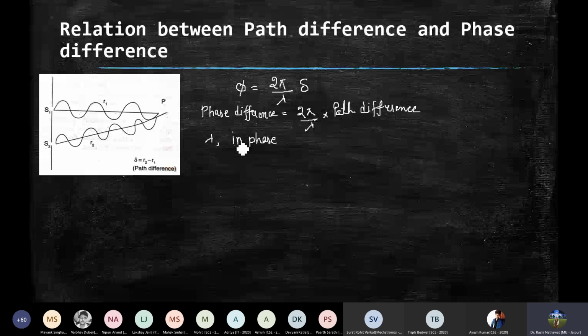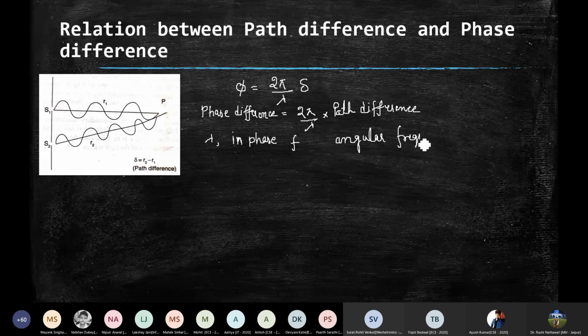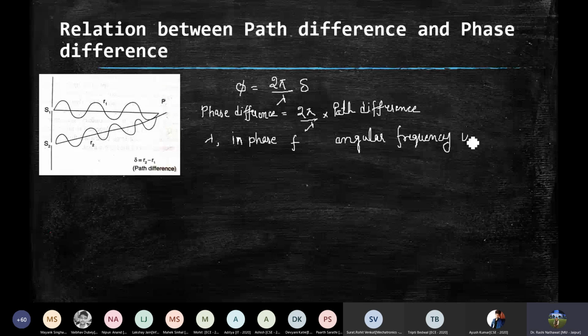The frequency of the waves coming from both sources is defined by f. Therefore I can say the angular frequency omega can be represented by 2 pi f.